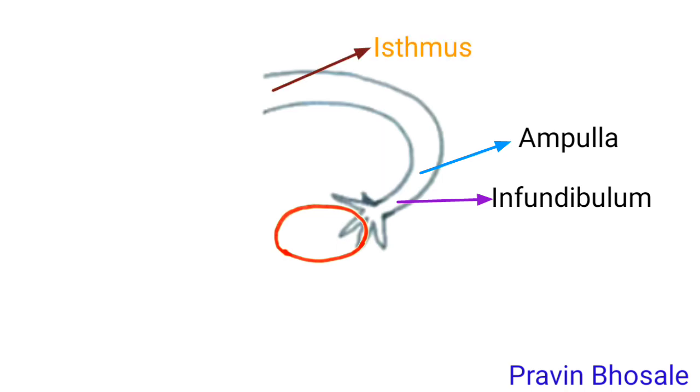This funnel is quite close to the ovary of its side so that the ova discharged from the ovary are received. Ampulla is the site of fertilization. Isthmus is a very short, narrow part opening into the uterus.